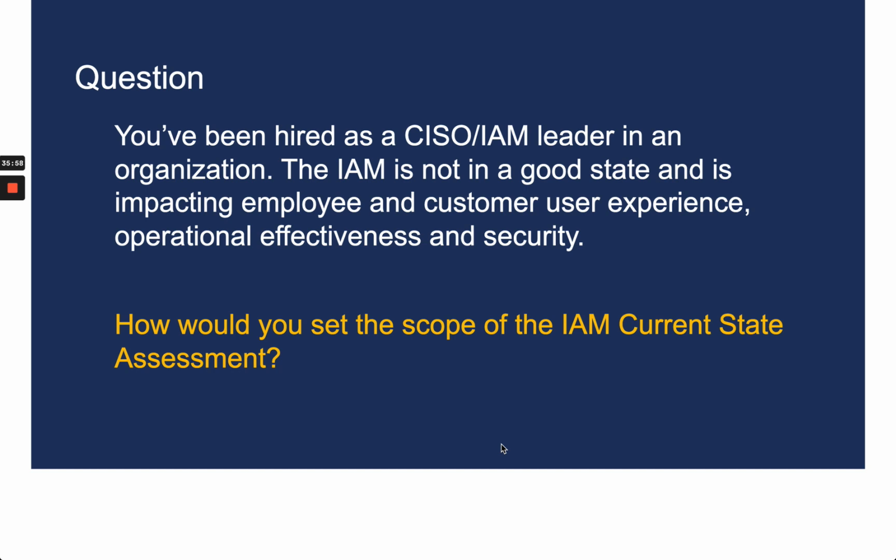So GV, you are saying once we have scope, identify how they're currently logging, the current state, and then gaps and room for improvement. Okay. Maybe I can answer, but I'll see what your thoughts are. How would you set the scope of the IAM current state assessment?